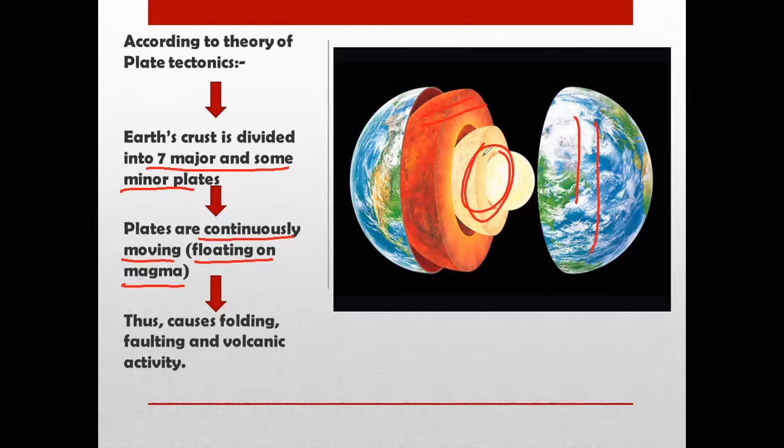It is neither pure solid nor pure liquid. It is more like a jelly. Thus, since the upper layer crust has no rigid support, it is basically floating on mantle. Due to this, the plates on crust are continuously moving.